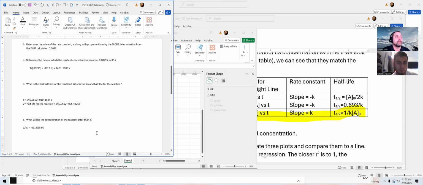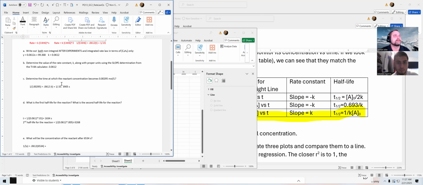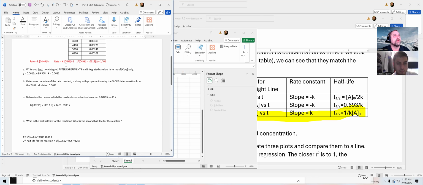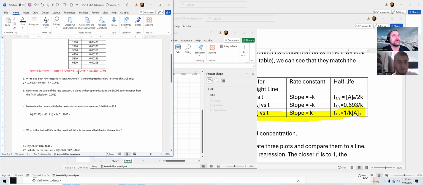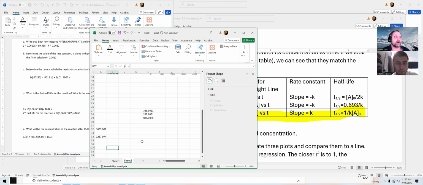And our equation was, where's our rate law right now? Right here. Plus 1 over 0.01. And so we're just solving for 1 over x. So the easiest way to do this was to solve the right-hand side.